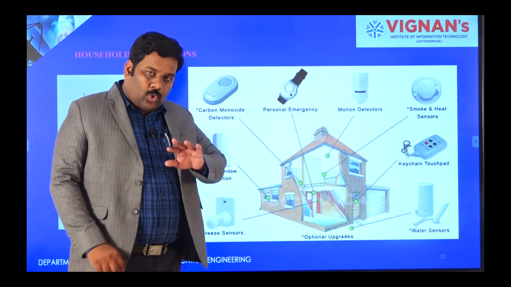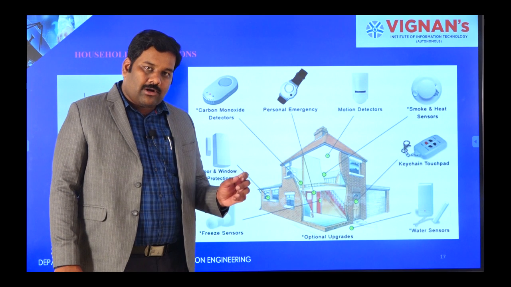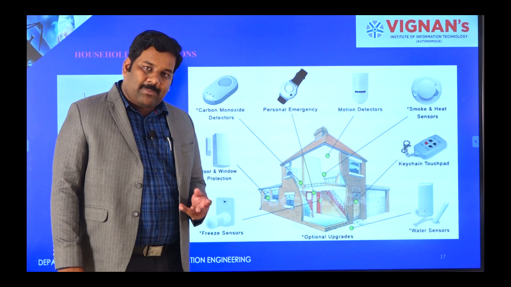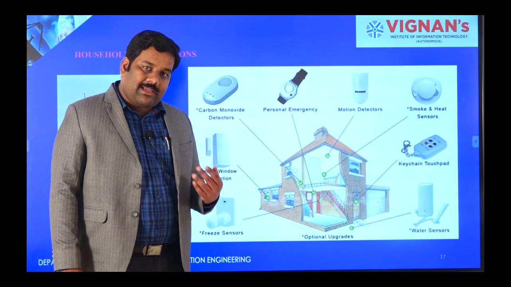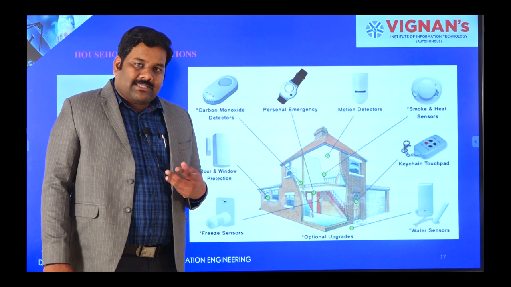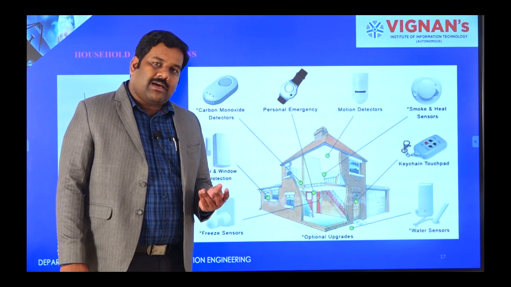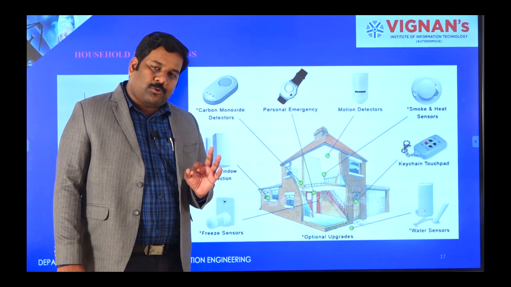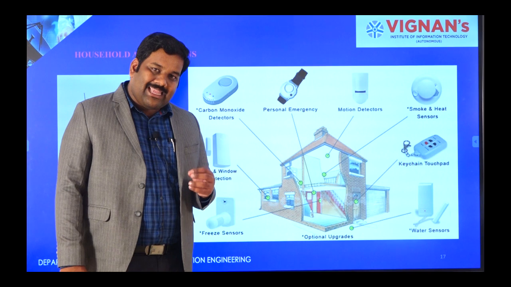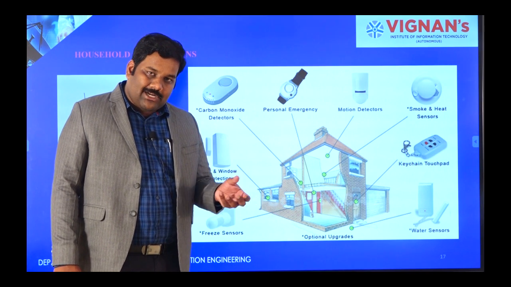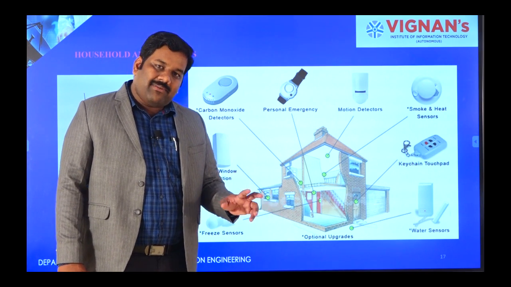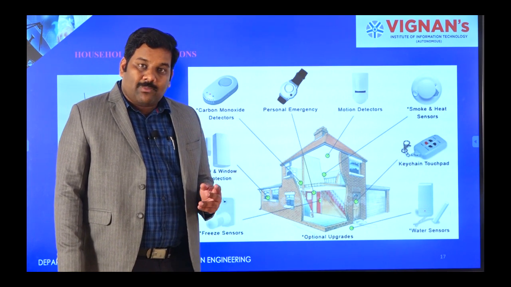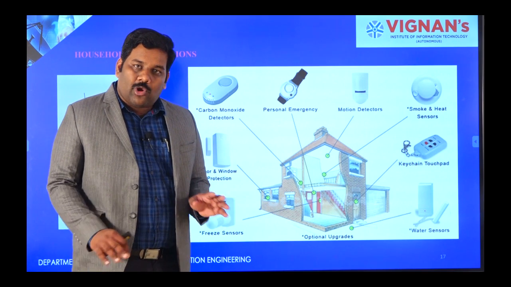For example, I just close one door but have not yet locked it. After 1 minute or 2 minutes or 3 minutes, depending on the clock that we have fixed ourselves, say I have fixed it for 3 minutes, once the door is closed and I perform no action on it, meaning I didn't open it, close it, or lock it, after 5 minutes it is automatically locked.